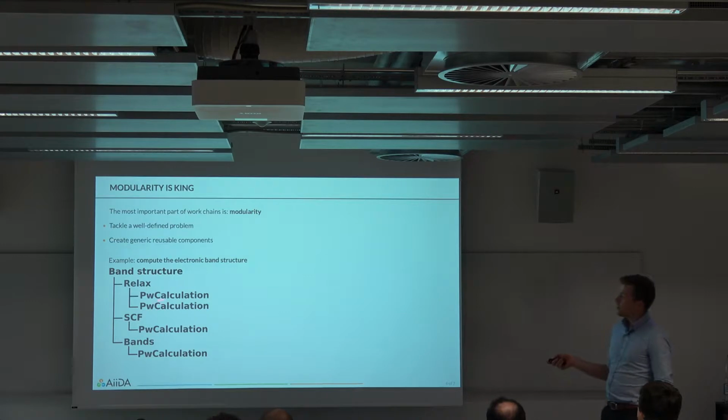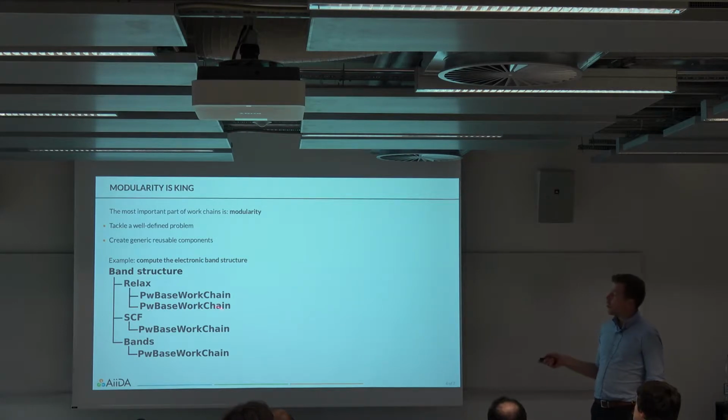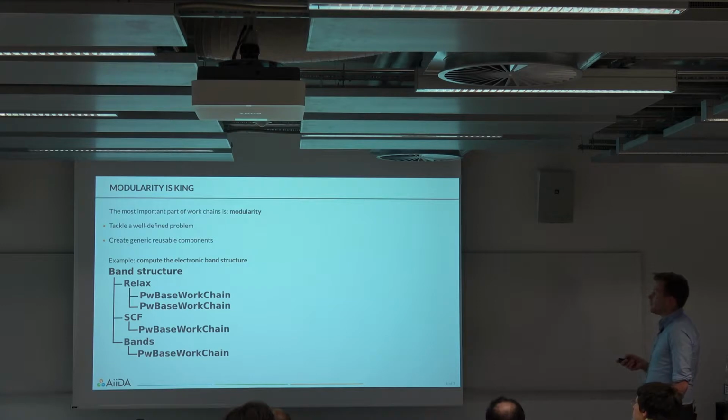So instead of dealing with those in your band structure high-level workflow, we make this base workchain. All the nasty and difficult stuff is now taken care of by this block, which means that your relax and your band structure don't have to deal with this anymore. This is the idea of compartmentalization. Really define the responsibilities and create reusable blocks, and then make your high-level workflows very, very simple to implement.